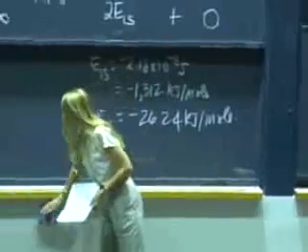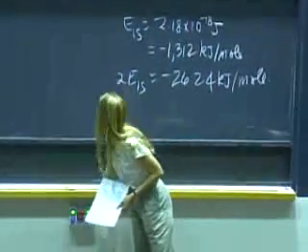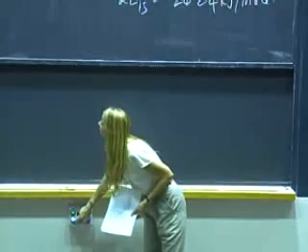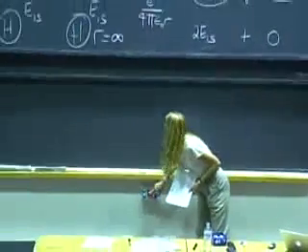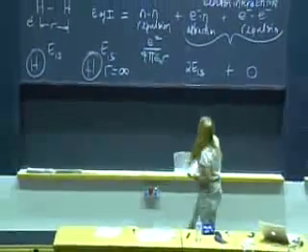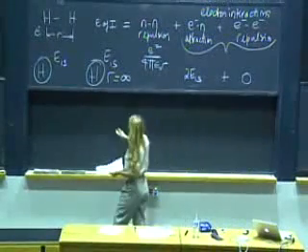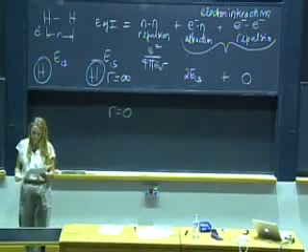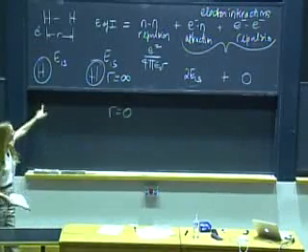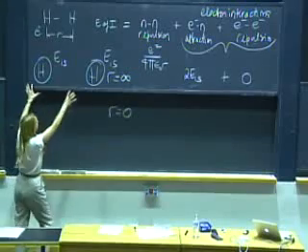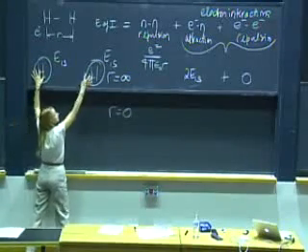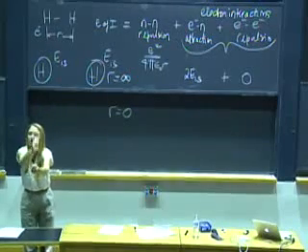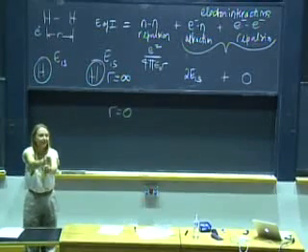Okay. So now what we've got to do is calculate that energy of interaction at R equal to 0. When R is equal to 0, we have two hydrogen atoms right on top of each other, two hydrogen nuclei right on top of each other.